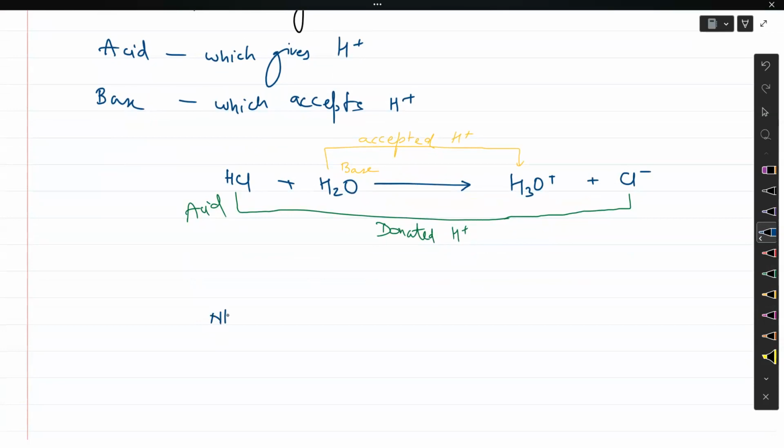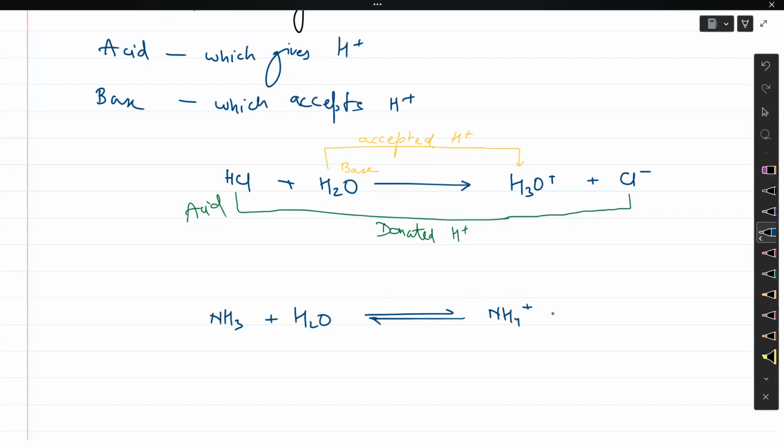Now let's take another example so that it will be completely understandable. If we take NH3 and put it into the water, what will happen? Acha, this one is a strong acid, so we will see this will be an irreversible reaction, and this will be in equilibrium. ठीक है. देखिए क्या होगा.